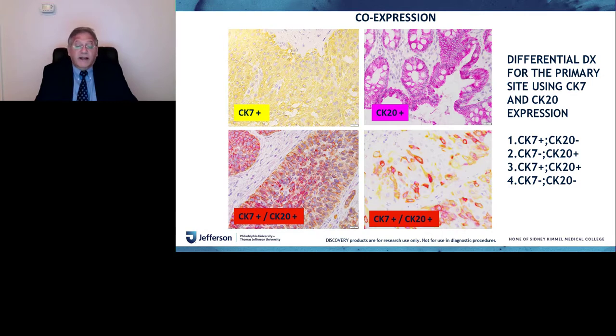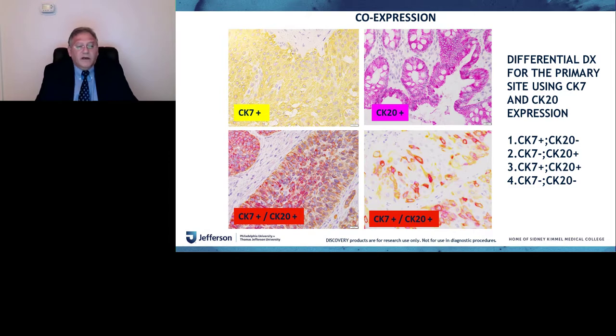And tumors that are negative for 7 and 20 are tumors from liver and, of course, prostate adenocarcinoma. So by knowing how the differential stain between these 2 markers is, you have a good sense where the tumor of unknown primary may be coming from, and you can add additional markers to nail your primary.